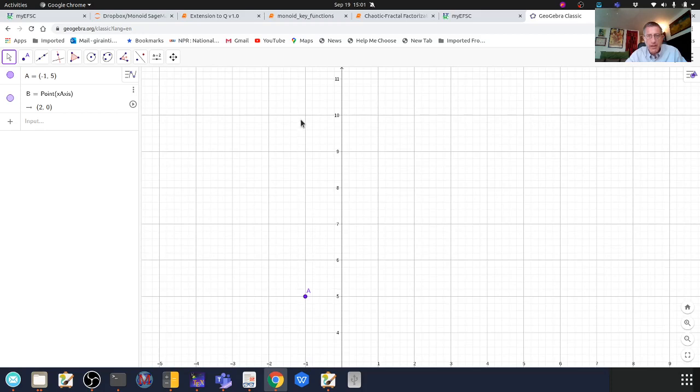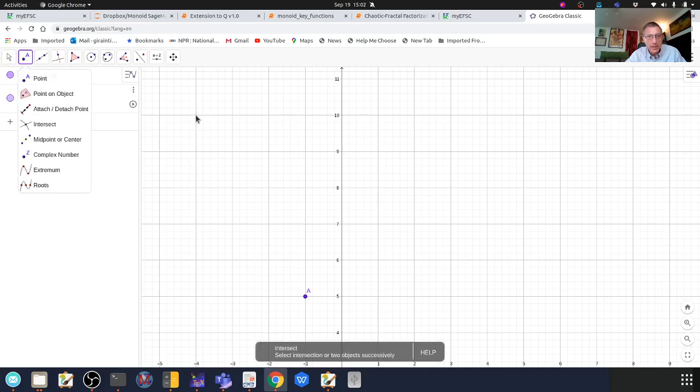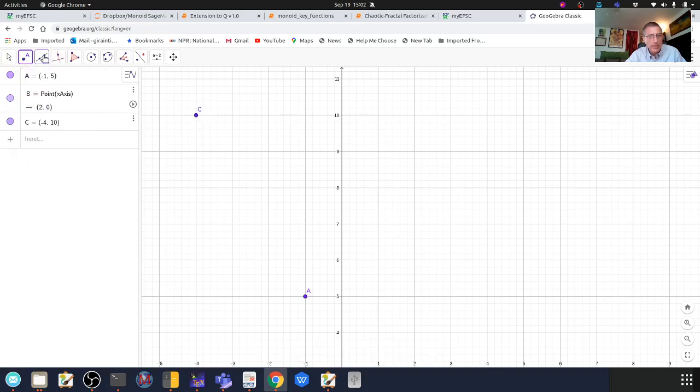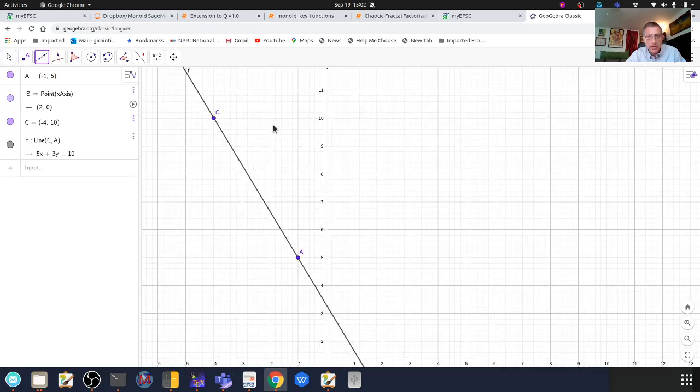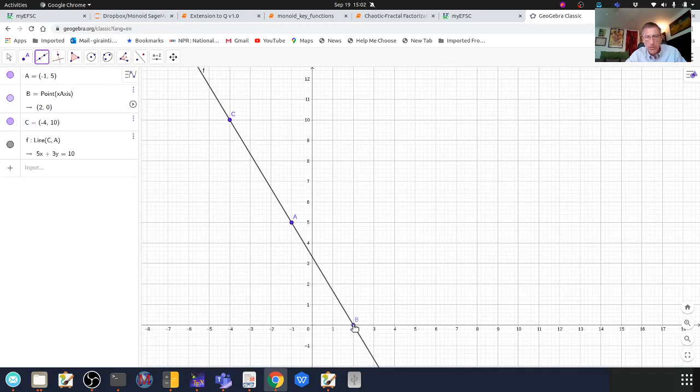Going up 5 lands me at y equal to 10. And then I go -3 to the left. That lands me right there. And you'll be able to see that when I draw the line through A and scoot out, it also goes through the point we found in B.